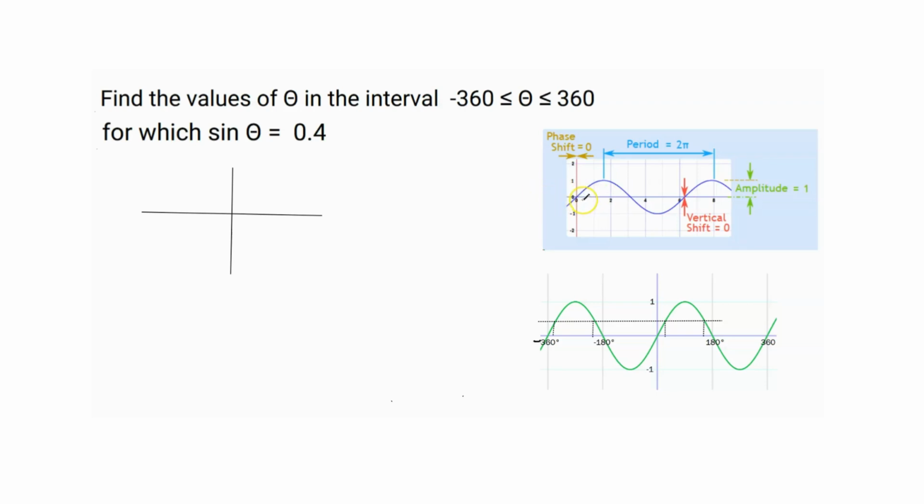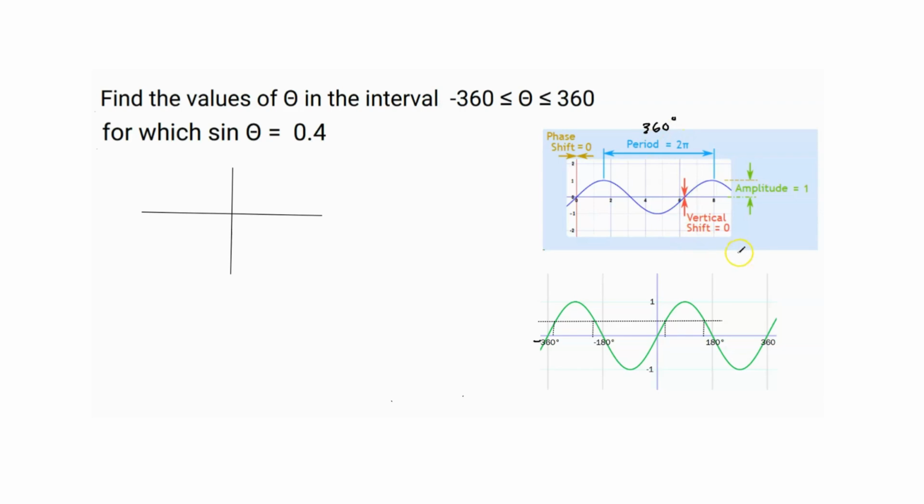The next thing you're going to learn about is the period. The period goes from one peak to the next, and the sine graph continues indefinitely. So the period for the sine graph will always be 2 pi or 360 degrees.